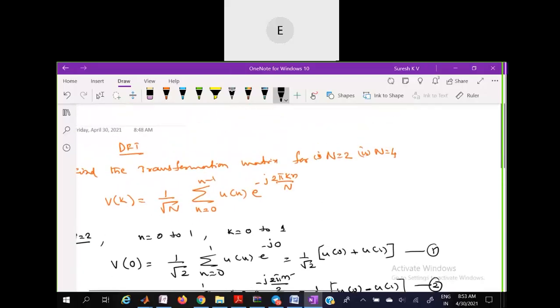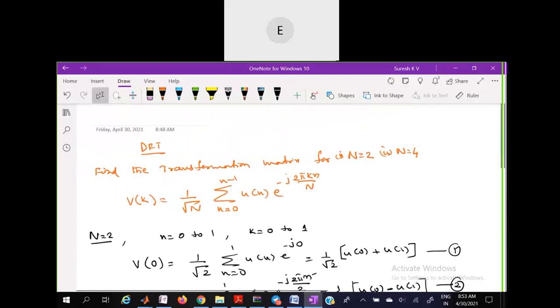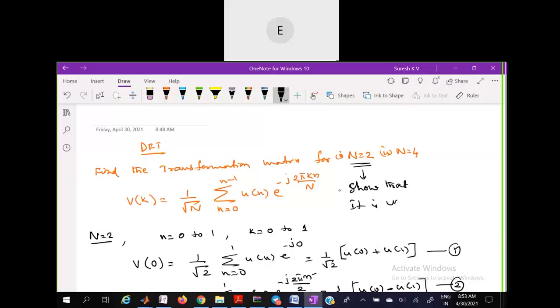Normally the question continues. It is not just stopped at this stage. Find the transformation matrix for n is equal to 2. Then they'll ask you, okay, show that it is unitary. Okay, this would be the question.